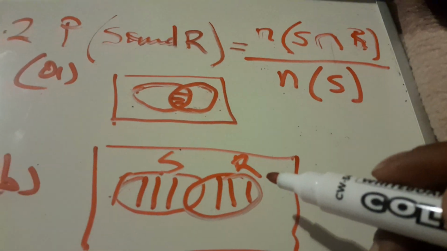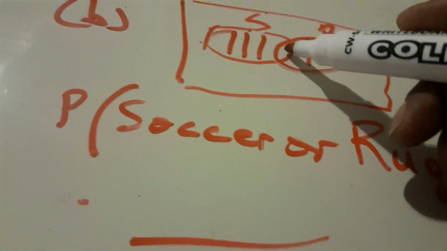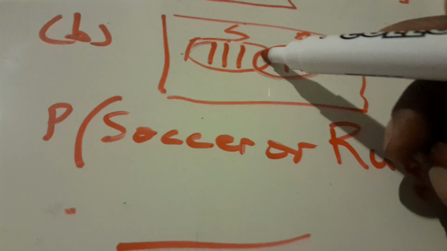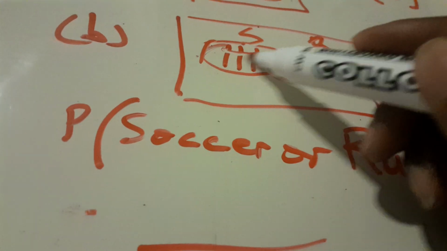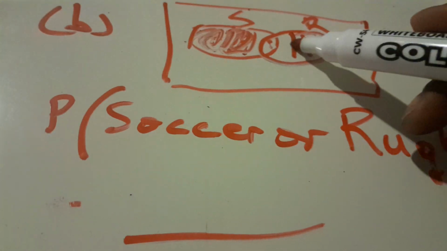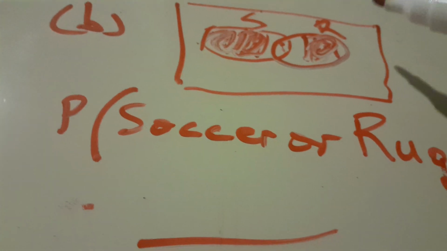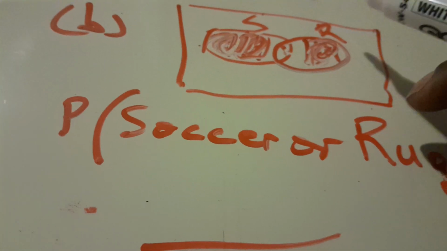Those who play soccer or rugby, they don't fall under the intersection. This is where both sports are played. So it's going to be outside here. These guys here play soccer only, and these guys here play rugby only, excluding the 10 in the intersection.